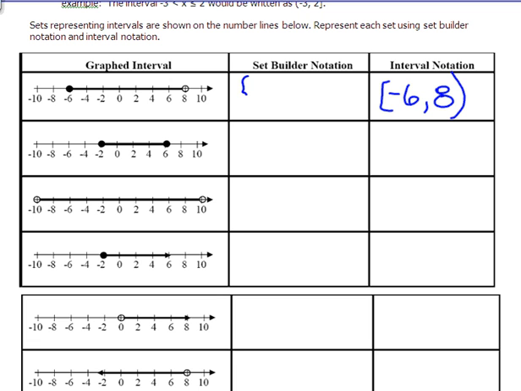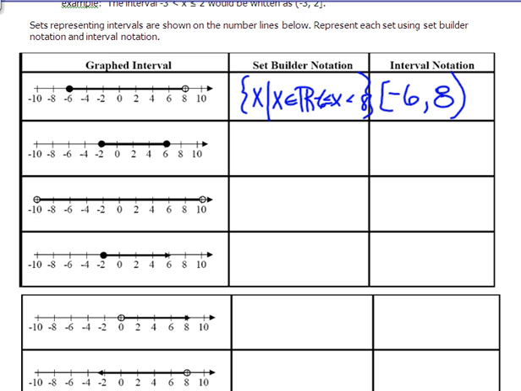So I'm going to say that's all numbers x such that x is an element of the reals, and x is greater than or equal to -6 and less than 8 in my curly bracket again. So that's a little bit messy, but I think you can get the idea there.